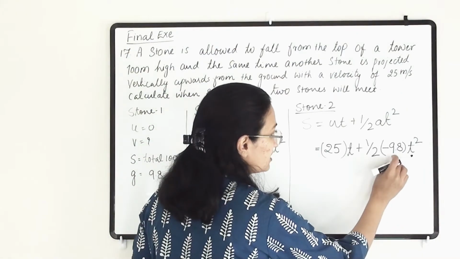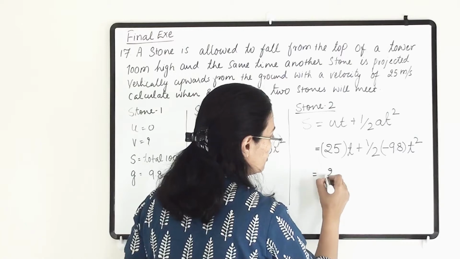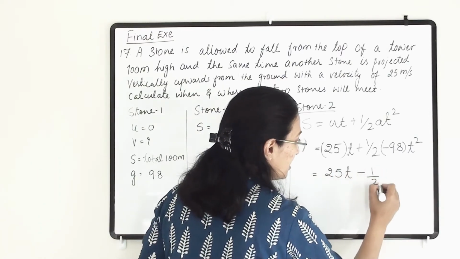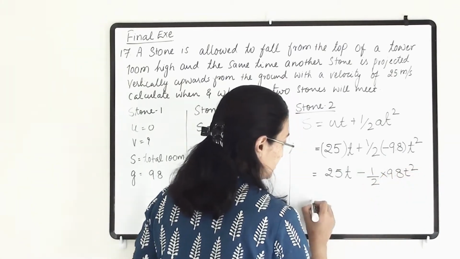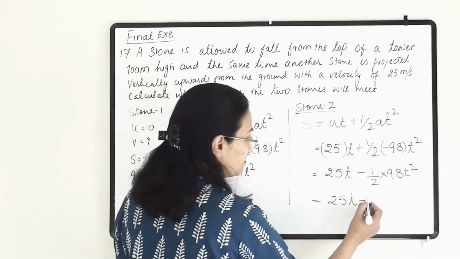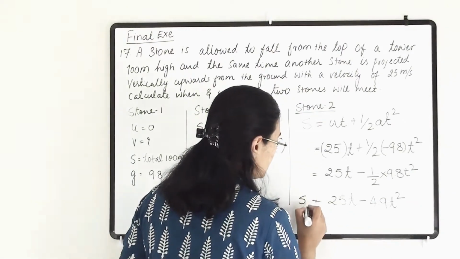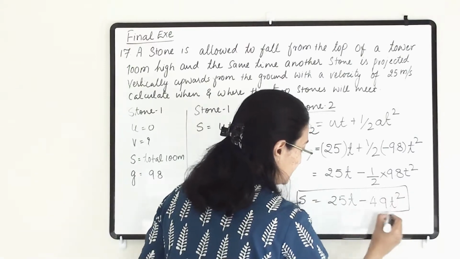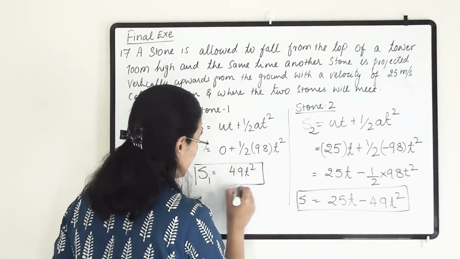So the a value and g value come here negative. So here we get 25t minus 1/2 into 9.8 t square, so 25t minus 4.9 t square. This we get for S2, that is stone 2, and for stone 1 we got the other equation.